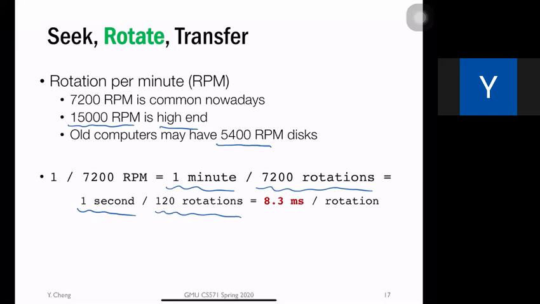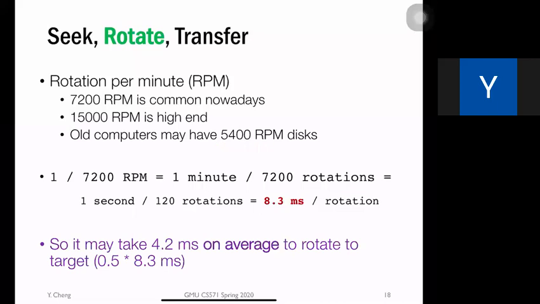Rotations per second is 120, given an RPM of 7,200. And this further gives us 8.3 milliseconds per rotation. Okay, so this is still not the end of the calculation. In order to quantify a rotation latency that makes sense statistically, we need to further do the following operation.